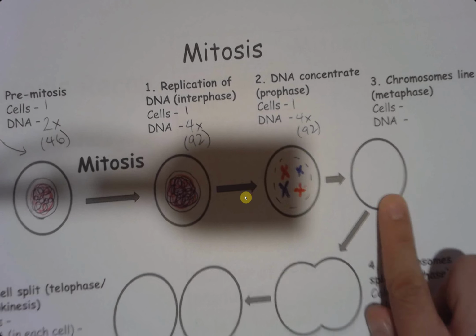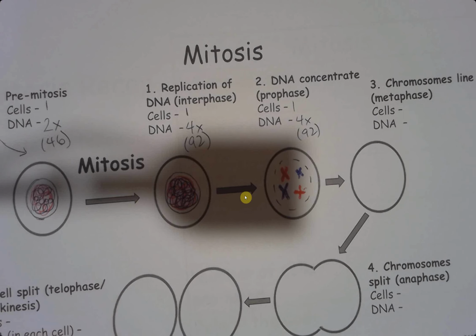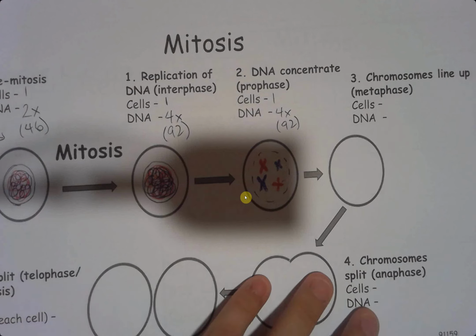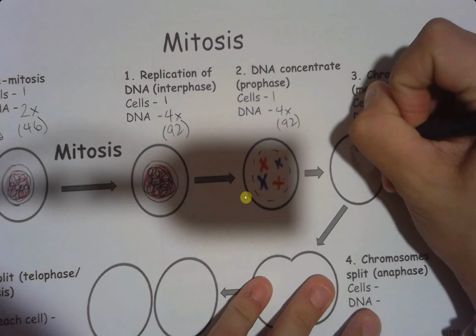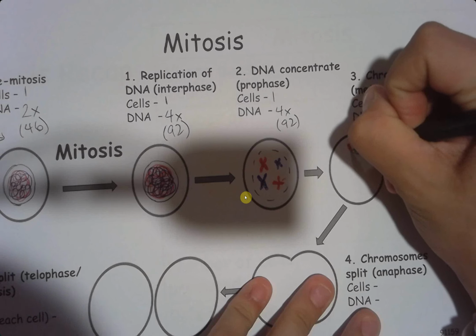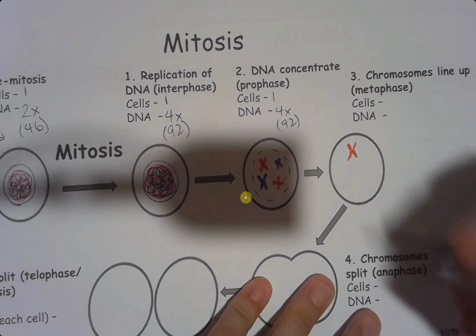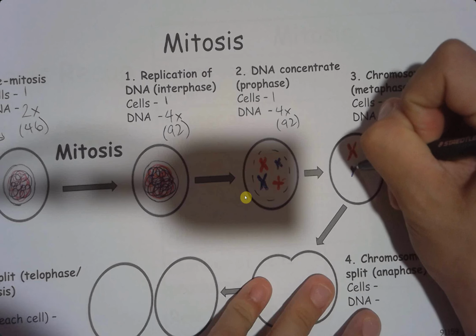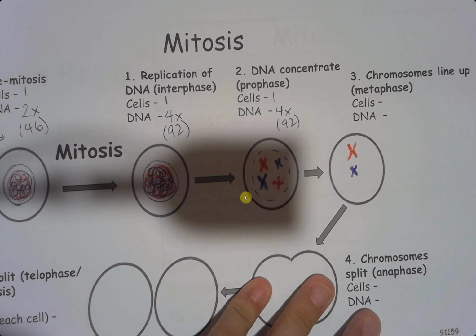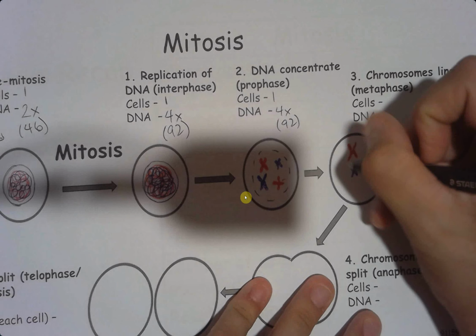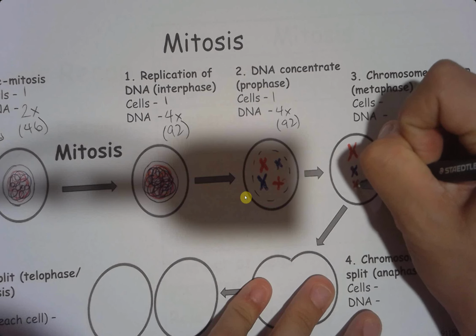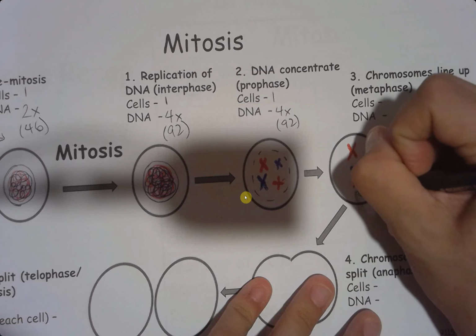Next step is that my chromosomes need to line up in the middle, and they're going to do that in a single file line. So I'm just going to draw all 4 in the nice center. I'm trying to draw them different sizes, and hopefully I can fit them all in.